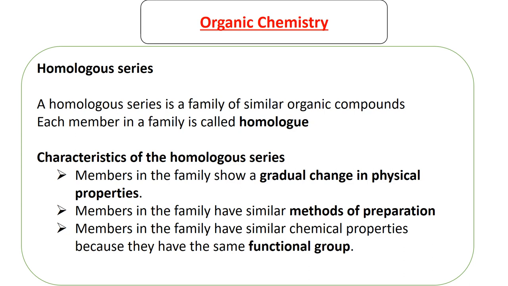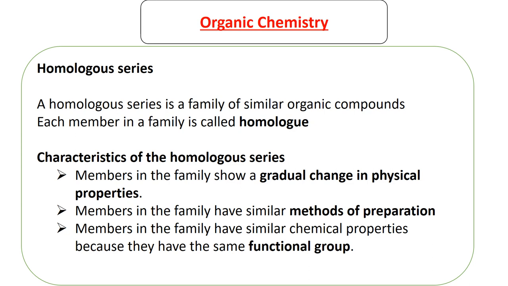Also, because of being in the same family, members can be prepared using similar methods. And the last point talks about a functional group. So this point emphasizes the fact that the chemical properties are determined by something called a functional group.